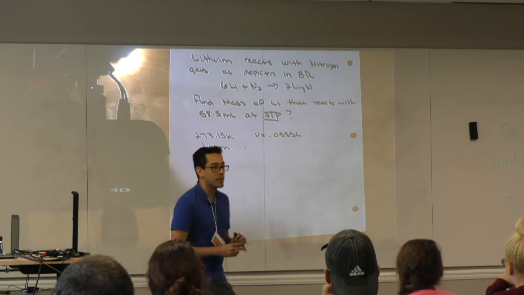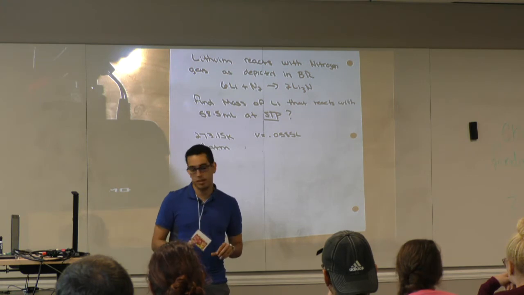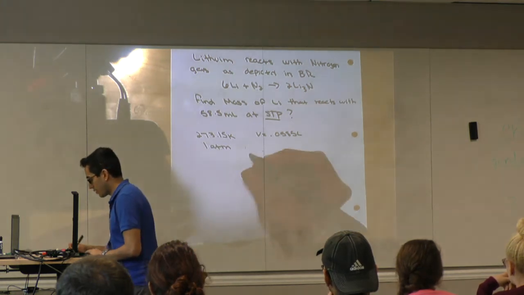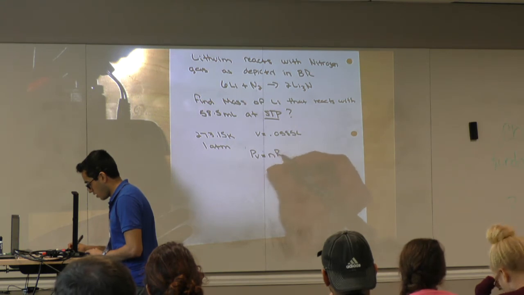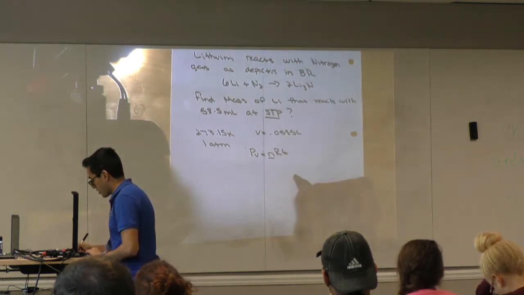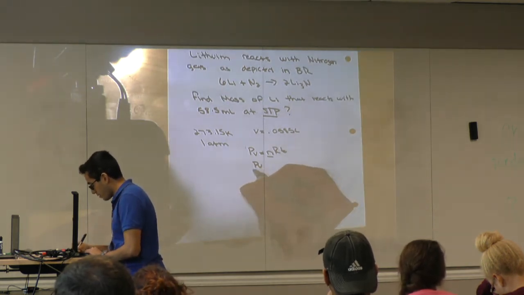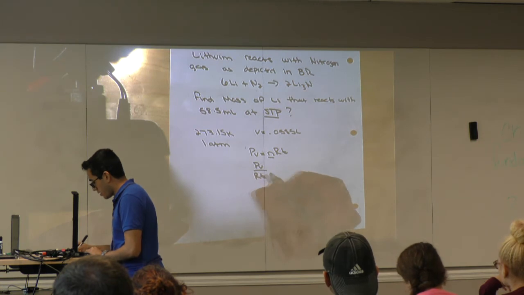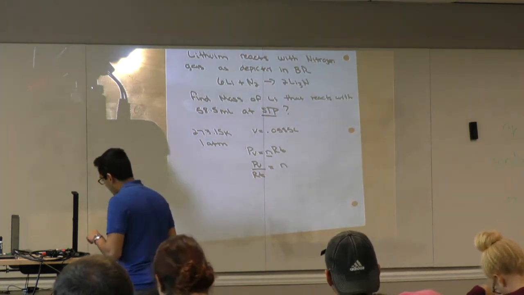And good thing they've given us all the information about nitrogen as a gas, because now we can just use PV equals nRT, right? We're trying to solve for moles, so with some algebraic manipulation, that will look like PV divided by RT equals n moles. And so now we can plug and chug.